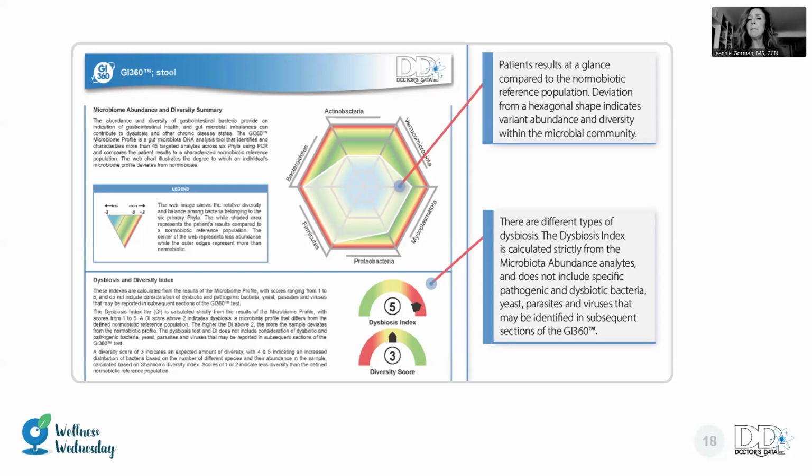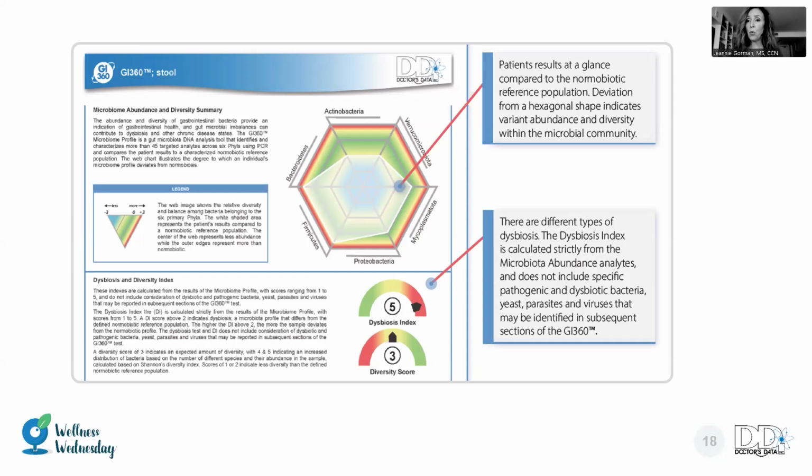So very, very imbalanced. When we say dysbiotic, we mean imbalanced. It doesn't have anything to do with the pathogens, with the parasitology, with the stool chemistries, nothing else. It's just the beneficial microbiome. So realize that. The diversity score is based on Shannon's index. It is an ecological index, and it is basically measuring how diverse the collections that we got were.